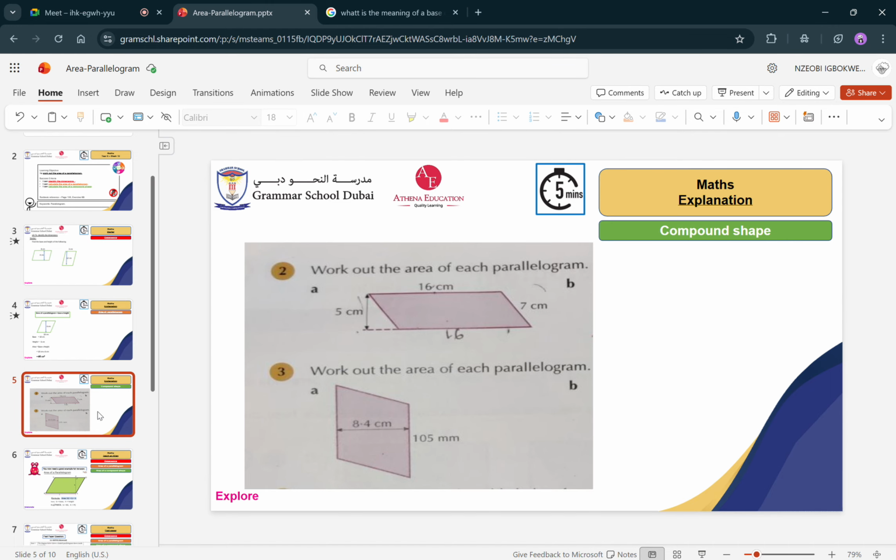The next slide. Work out the area of each parallelogram. The A question.